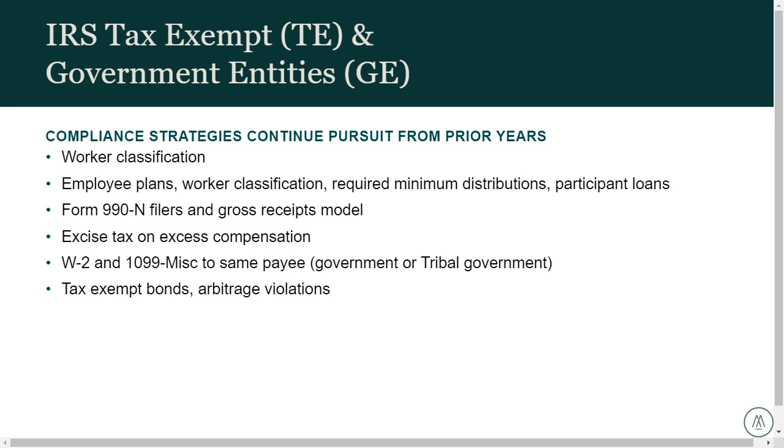So make sure you're going back and checking your covered employee lists. And then W-2s and 1099s issued to the same person. Another is the tax-exempt bond world, where tax-exempt bond compliance is incredibly important, and we have arbitrage violations that the service is looking at.